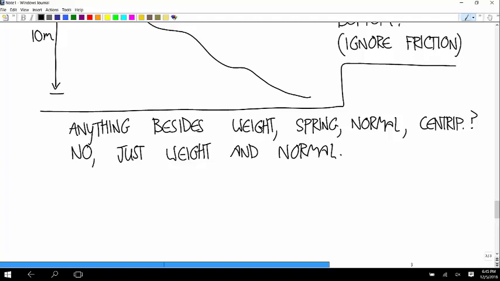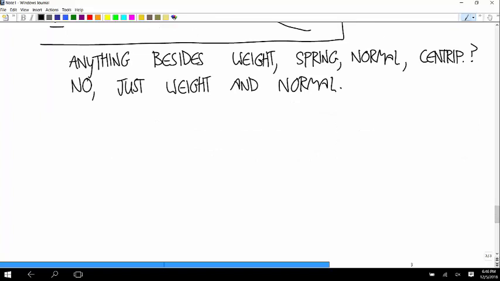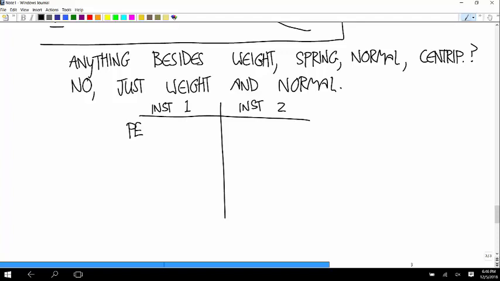Okay, so now I'm going to just set this up. This is always a good way to do it, I think. I'll break this up into an instant 1 and an instant 2. And for each one of these columns, I'm going to calculate the kinetic and the potential energy. At instant 1, that's at the top of the hill. The potential energy is just gravitational.